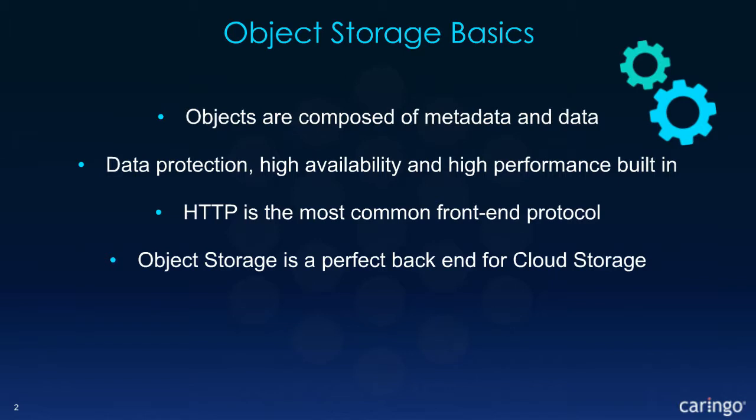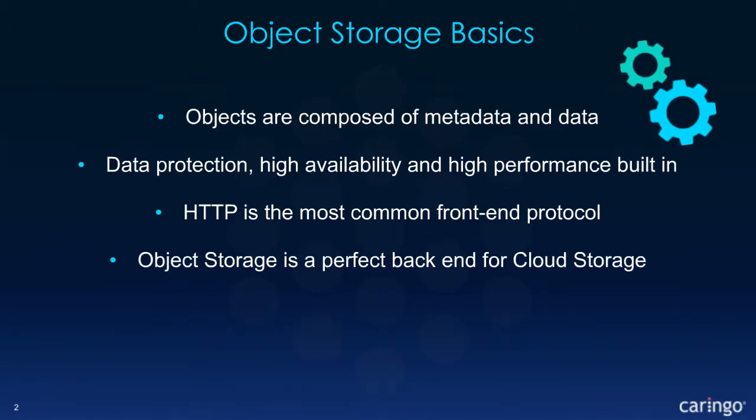Object storage basics also include things like data protection, high availability, and high performance. But these come sort of downstream through a specialized architecture. Objects themselves, the metadata and the data, are generally portable, and so that goes to data protection schemes that are generally based on replication of the full metadata and data across multiple disks or multiple machines or multiple servers, but it can also include data protection strategies like erasure coding.